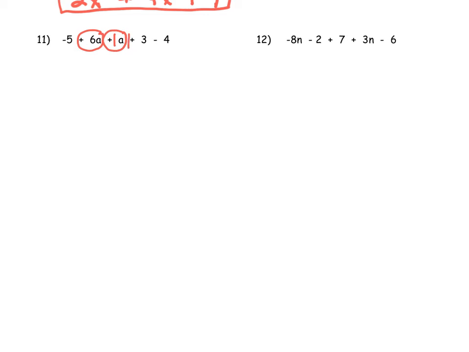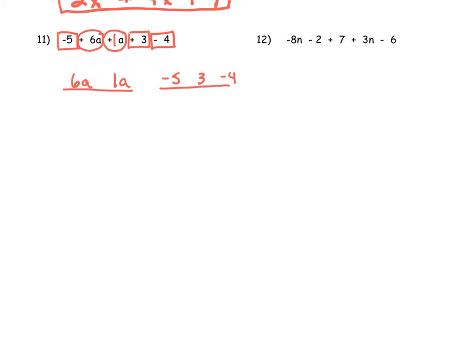So I'm going to box the other terms, and these are all constants. So I'm going to gather up my a's first. I have positive 6a and positive 1a. I'm going to be able to combine those into one term. My constants, I have negative 5 plus 3, so I'm going to bring it down as positive 3, minus 4, I'm going to bring down as negative 4.